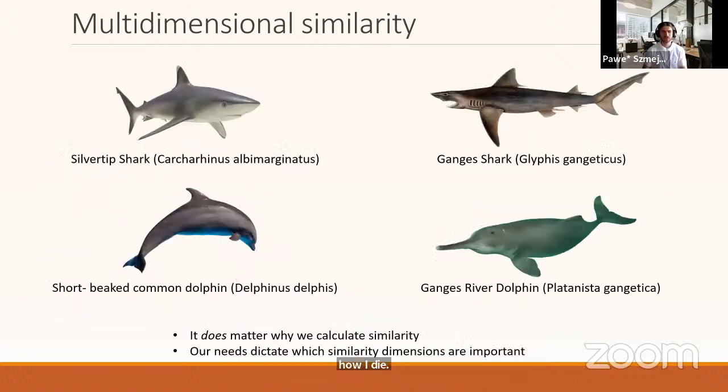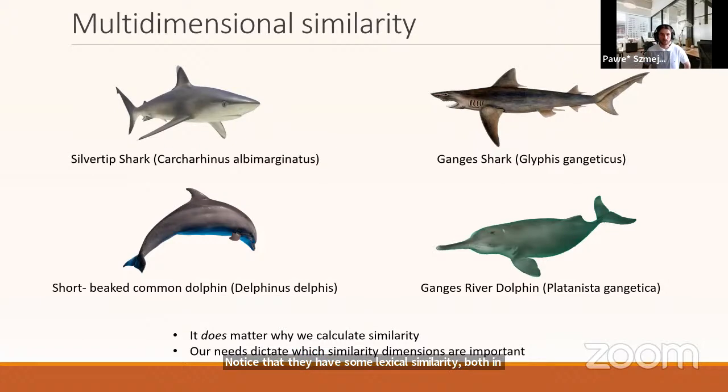so the reason why we ask the question of similarity is crucial, and it allows us to exploit the dimensions of similarity to the fullest. Now, why would we want to calculate similarity between different kinds of animals. We have on the slide here on the right side, the Ganges shark and Ganges river dolphin. Now notice that they have some lexical similarity, both in English and in Latin.